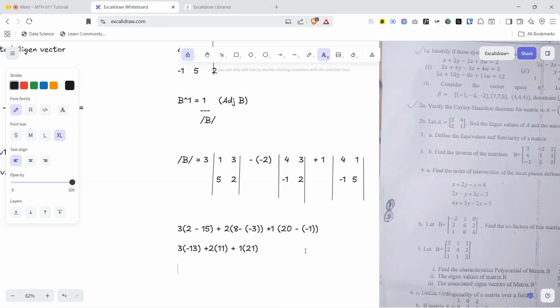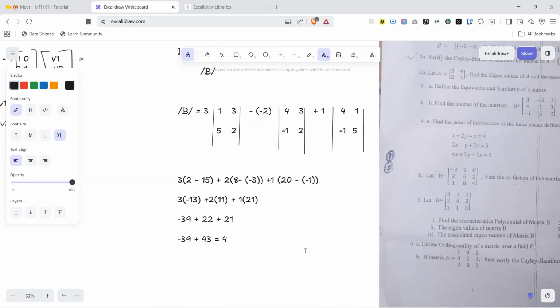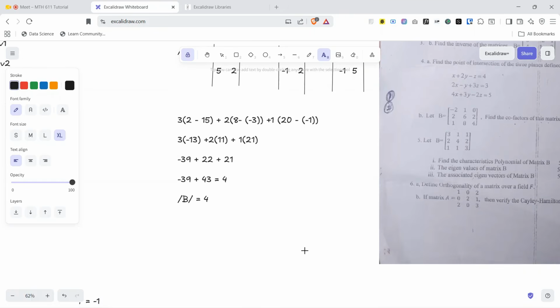So we have 3 times minus 13, that is minus 39, plus 22 plus 21. So this is minus 39 plus 43, which equals 4. So our B determinant equals 4. Right? So we've solved the first part.